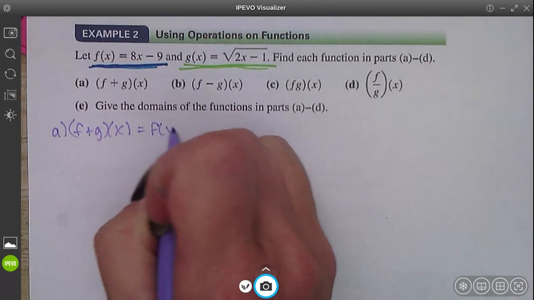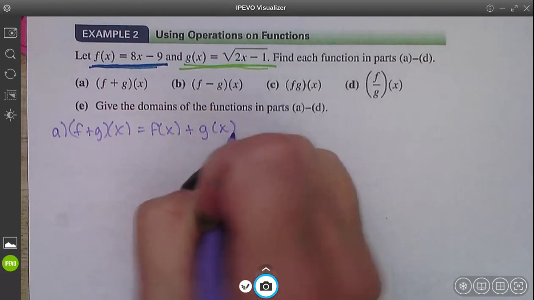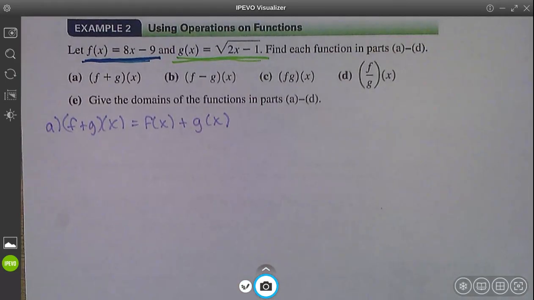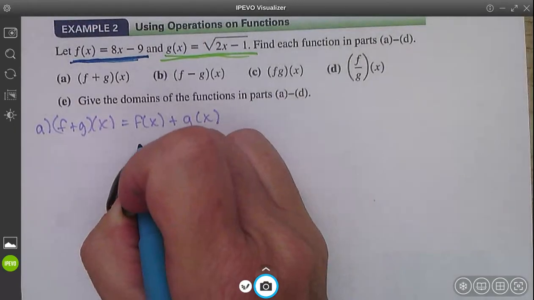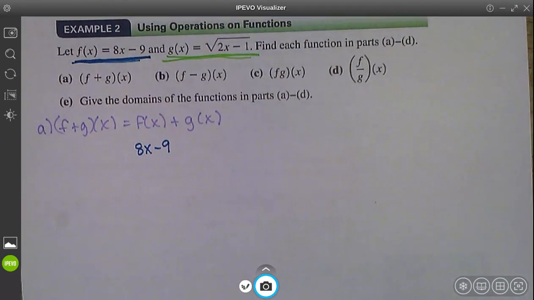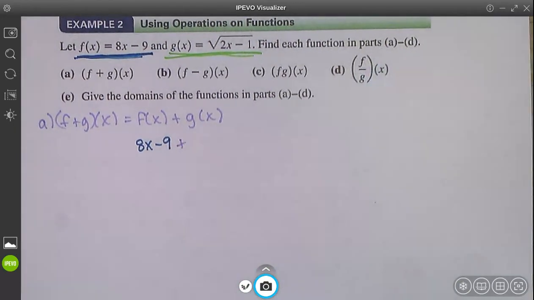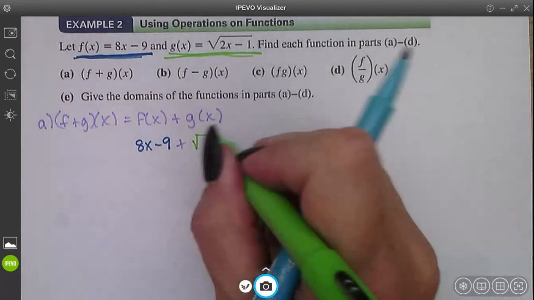F of x is 8x minus 9. G of x is square root of 2x minus 1.